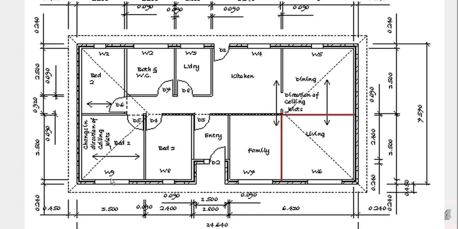The roof load width is generally half the length or the span of the ceiling joist. So the ceiling joists are spanning from here to here. Half of 3.5 is 1750. So the roof load width for this hanging beam, which runs up here, is going to be 1750.